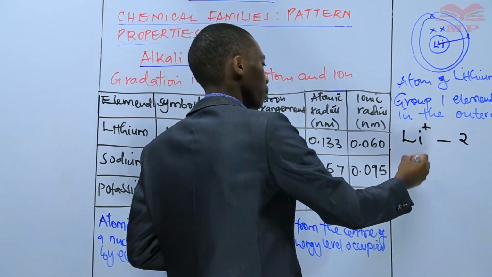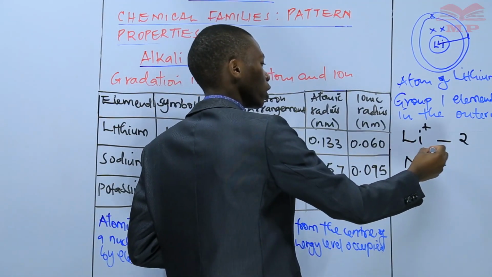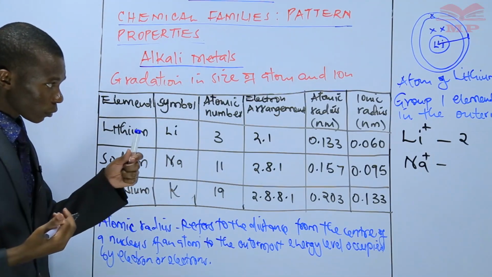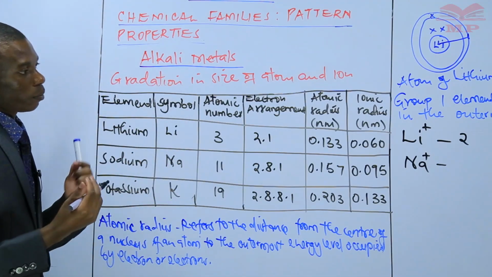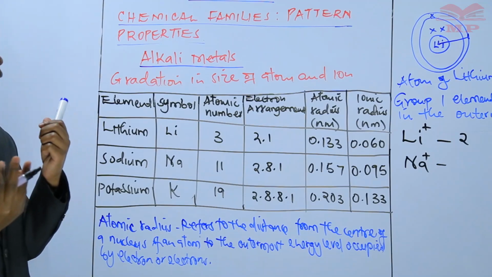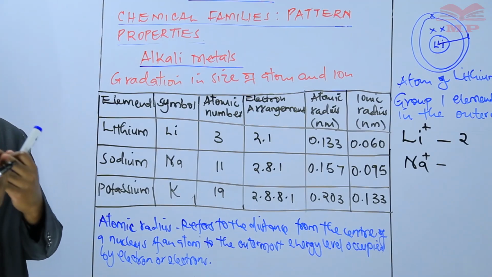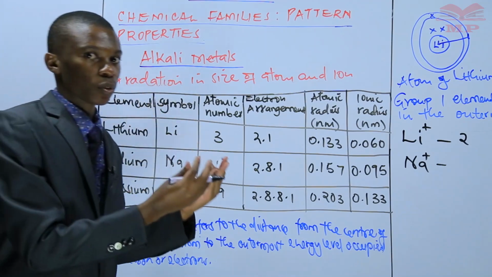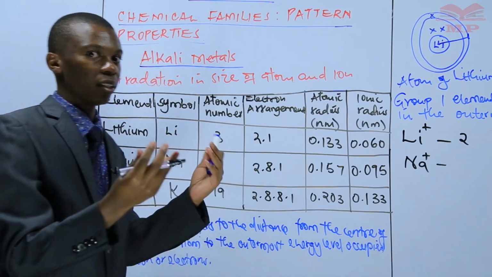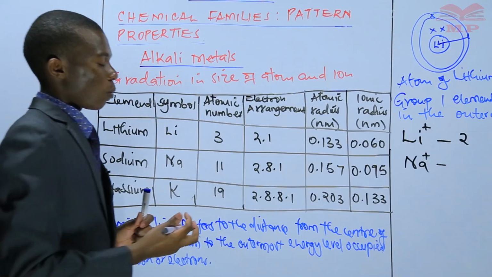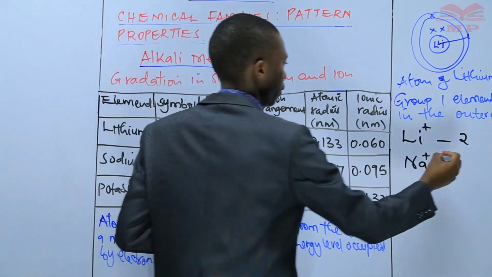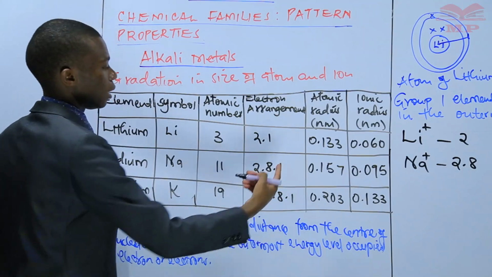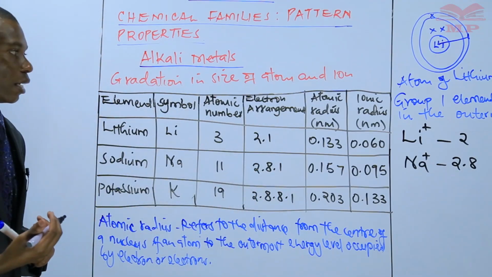Then we have sodium. When sodium loses 1 electron, it becomes a sodium ion with a charge of positive 1, because after losing 1 electron, it has 10 electrons remaining and 11 protons in the nucleus. Therefore, the configuration will be 2, 8, because it has lost 1 electron in the outermost energy level.